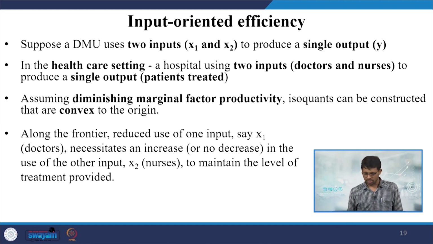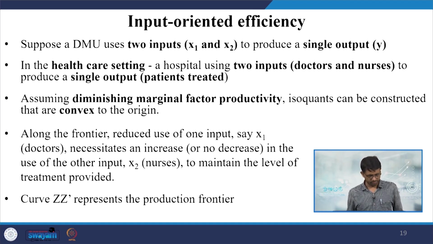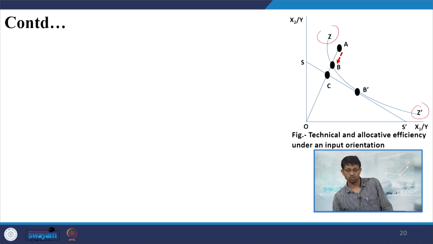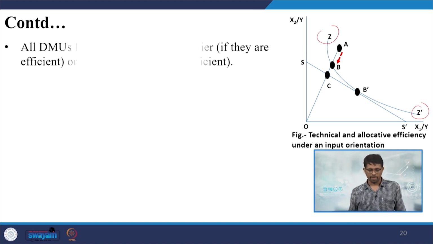Hence, we are deriving a production possibility curve through the isoquant, since we are plotting it through the two inputs. Our maximum possible bundles are presented through Z Z prime, and this is convex to the origin, since diminishing marginal productivity is followed.